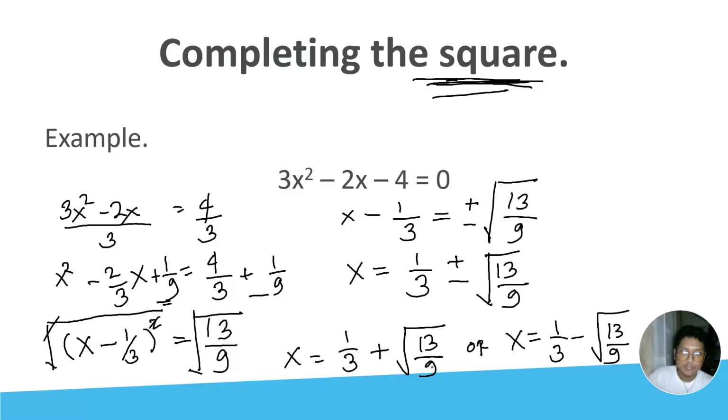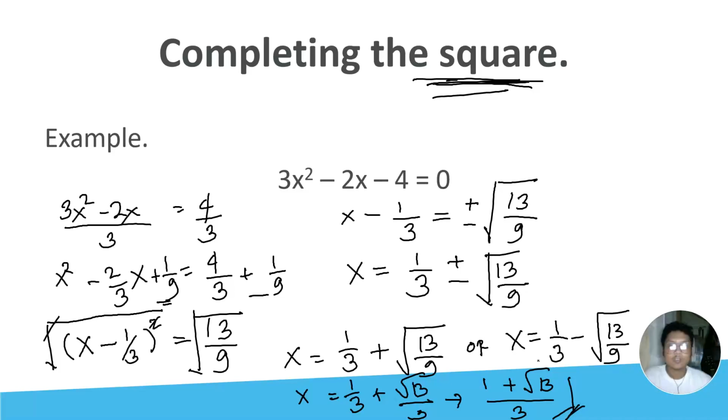Kaya, ang kalalabasan ng equation na to dun sa previous, which is 1/3 plus the square root of 13, diba? Square root of 9 is 3. So, combine the two, we will have 1/3 kasi may common denominator tayo na 3. So, 3, 1 plus the square root of 13. So, same din dito. 1 minus the square root of 13. So, same lang yung sagot using the formula or by completing the square.